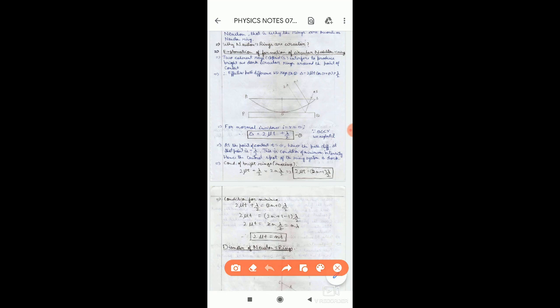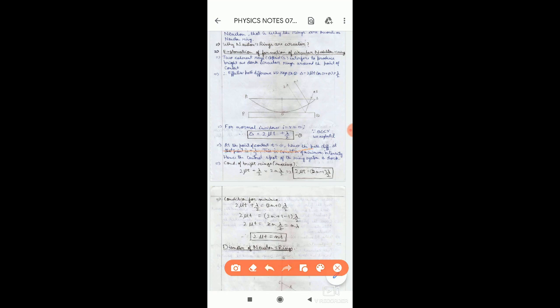For normal incidence, the angle of incidence equals the angle of refraction equals 0. Now i equals r equals 0, then the equation becomes delta equals 2 mu t plus lambda by 2, where theta is less than r. We neglect it, so we get the desired result: path difference equals 2 mu t plus lambda by 2, equation number 1. At the point of contact, the thickness of the film is 0, so t becomes 0.